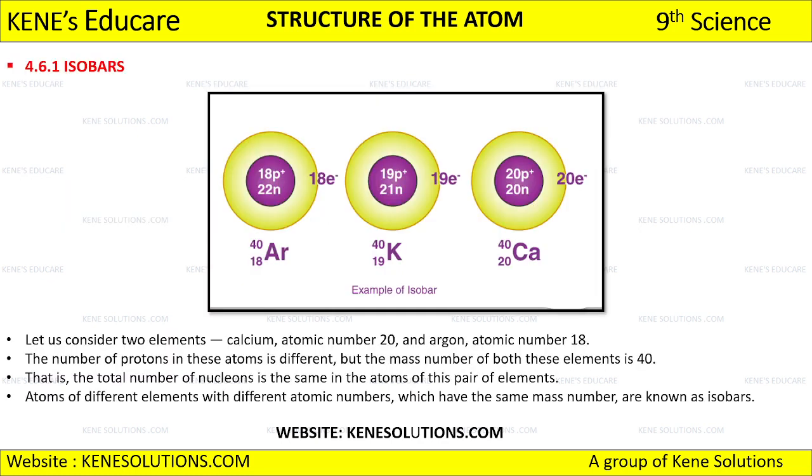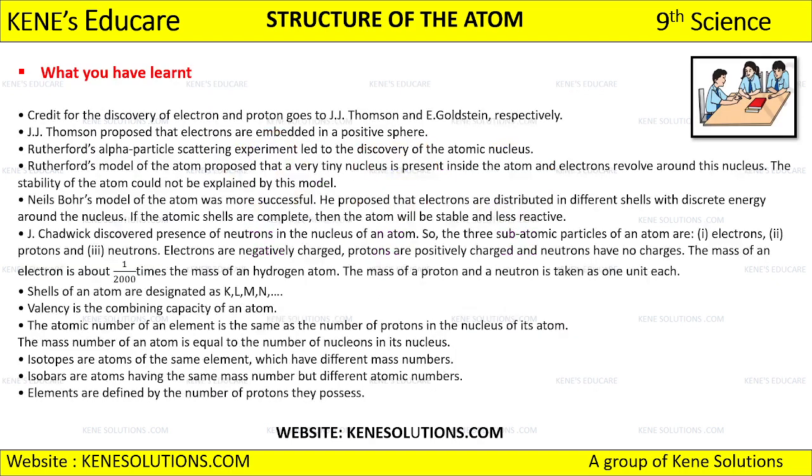After that, we will discuss isobars, what are isobars, and then we have the summary discussion of what exactly we have studied in the whole lesson, structure of an atom. So I want each one of you to just have a quick glance through it, and then we'll move to the next part.